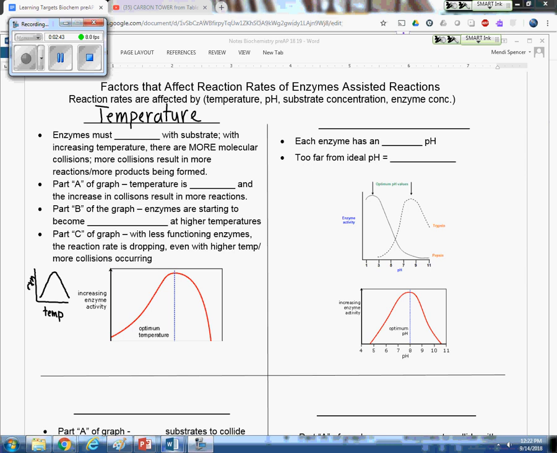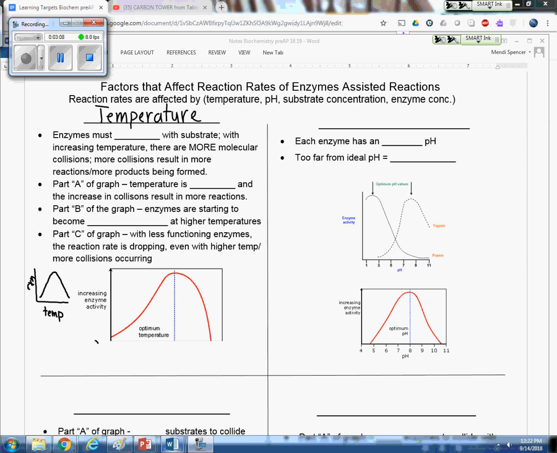Let's talk about why. You're going to be shown a simulation, and it shows you that molecules are moving, and in colder temperatures, they're moving very slow. As you warm them up, they'll move faster, and then they're going to collide more. And it's important that the substrate collides with the enzyme so that it can get in that active site and be turned into the product.